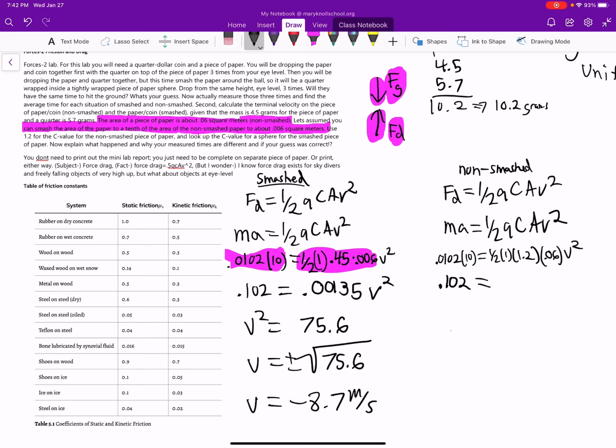And I got 0.036 v squared. Now we have to divide both sides by 0.036. And I get 2.83.